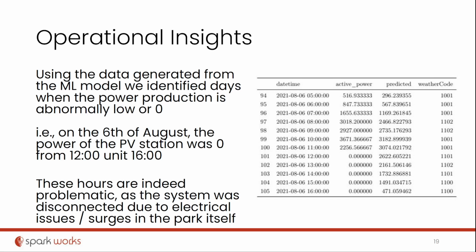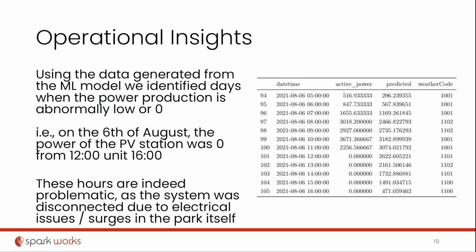And in fact, this was a time where there was an electrical surge inside the power plant that caused a part of it to be brought offline, and then the whole park needed to be brought offline, in fact, for the next few hours due to the same issue expanding in the installation.